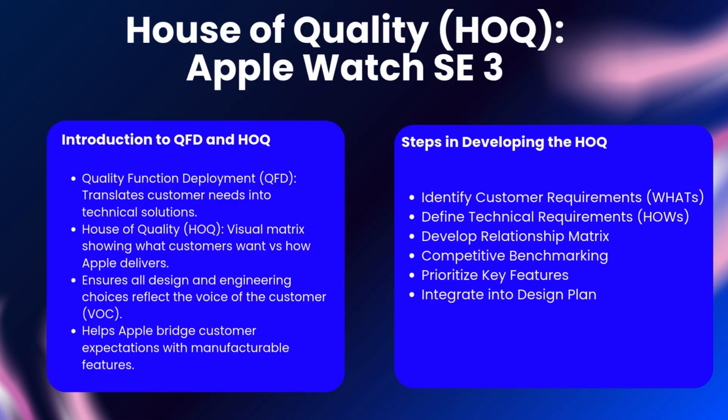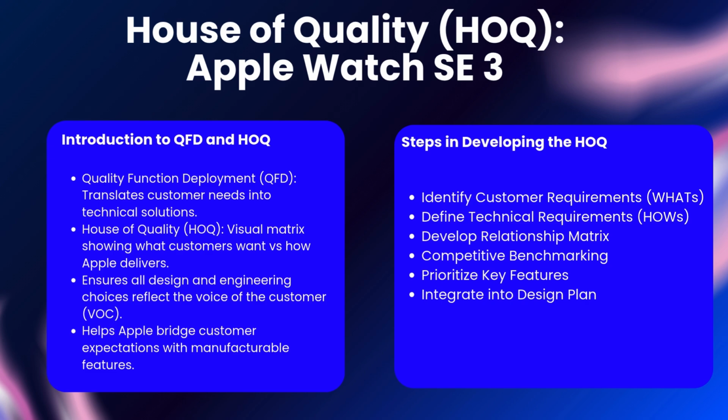So, this slide focuses on the overall concept of the House of Quality (HOQ). For the Apple Watch SE3, the HOQ is a part of the quality function deployment process, which helps translate customer needs into technical design solutions. It ensures that every decision in design and engineering reflects the customer's voice.